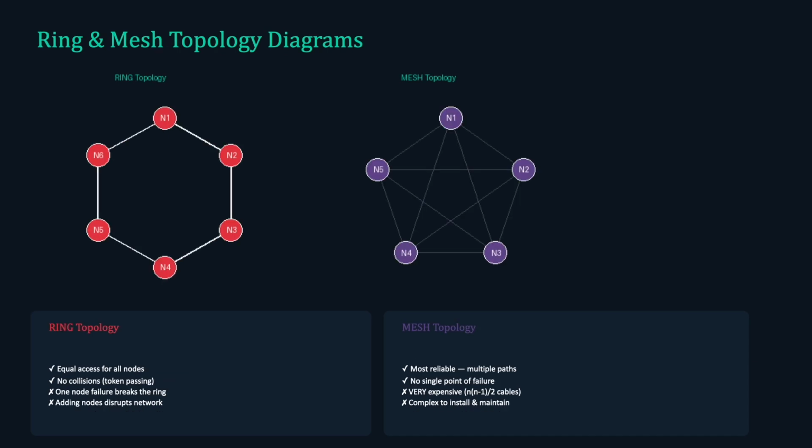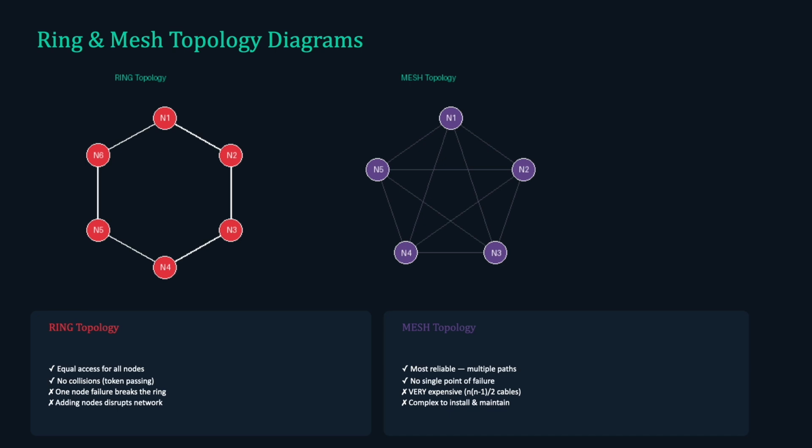Ring topology connects nodes in a closed loop. Data passes from one node to the next in one direction using a token. Advantage: equal access for all nodes, no collisions. Disadvantage: one node failure can break the entire ring. Mesh topology connects every single node to every other node directly.